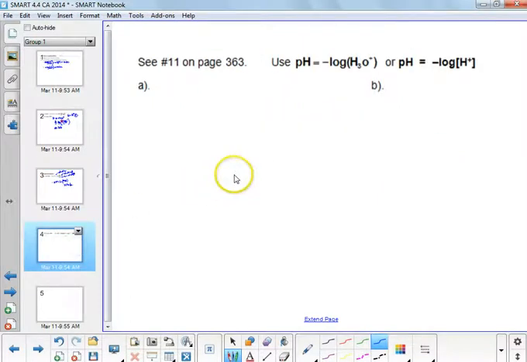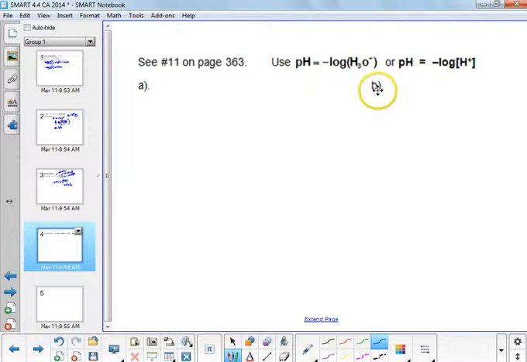Example 11 on page 364 is a great use of a logarithm. In chemistry, when you're trying to find the pH of a substance, it's negative logarithm of the, and I might get this wrong, I think it's the hydronium ion concentration. Visit your chemistry teacher for a more thorough explanation.